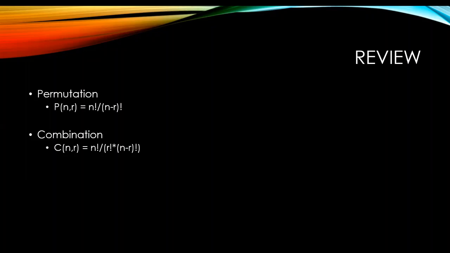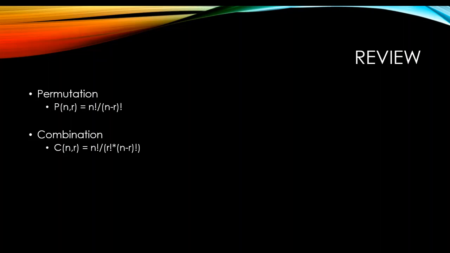But for combination, it is considered as 1 pattern, since 1, 2 and 2, 1 have the same elements. So in permutation, the order of our pattern is considered in determining the pattern, while for combination, it's not. That's the difference between permutation and combination.